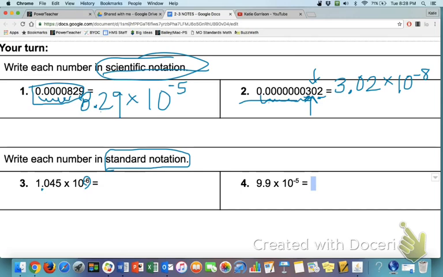So grab that decimal and move it back around the 1, and then that would be 5 more zeros. So 0, then a decimal, 1, 2, 3, 4, 5 zeros, and then you've got your 1, 0, 4, 5. You have to put all significant digits on there, so that would be all the way to the 5.